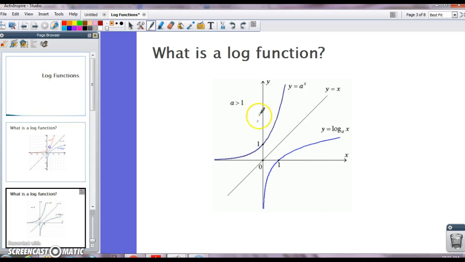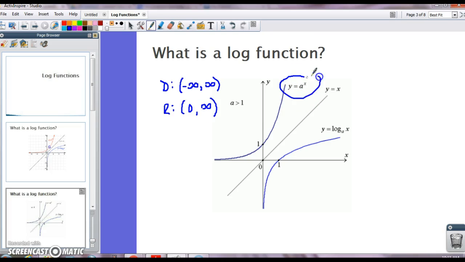We talked about this when we were talking about exponential functions: for an exponential function, the domain is all real numbers. So the domain is from negative infinity to positive infinity, and the range has to be positive. But now let's look at the log function.